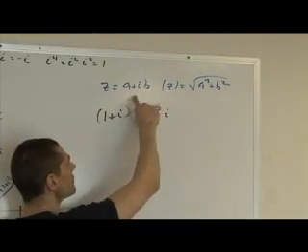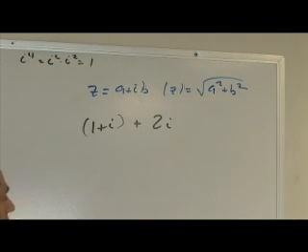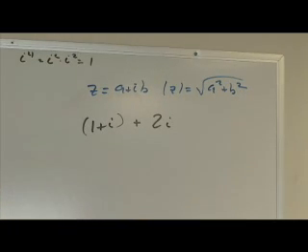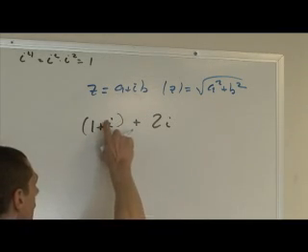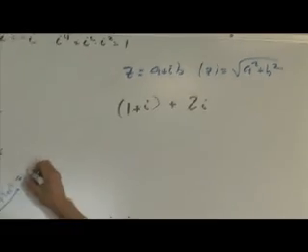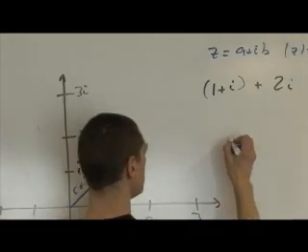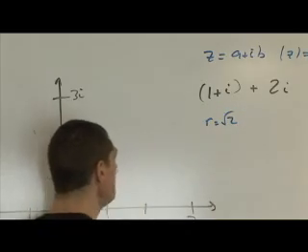This b is really the coefficient in front of I. In this case, it's just 1, so don't try and make b squared be I squared, because that won't work. It'll give you the wrong answer. Technically, a is 1 and b is 1. It's right in front of the I, but we don't usually write 1. So this is equal to the square root of 2, so r is equal to the square root of 2.